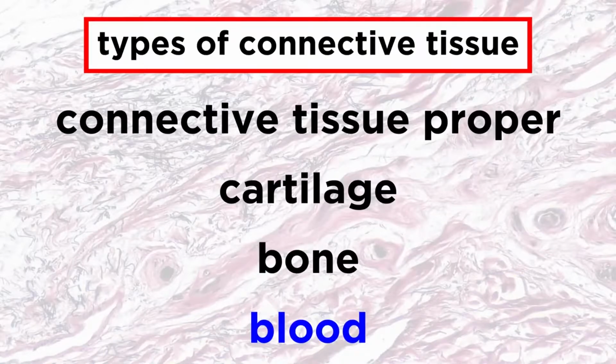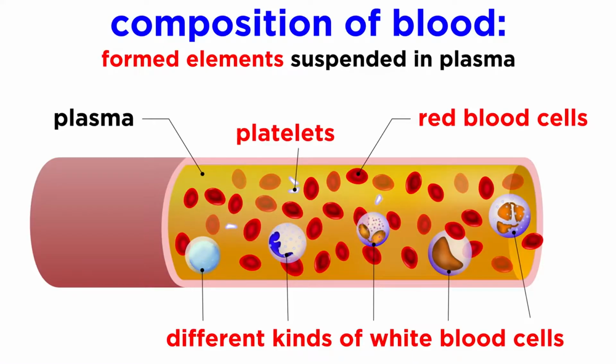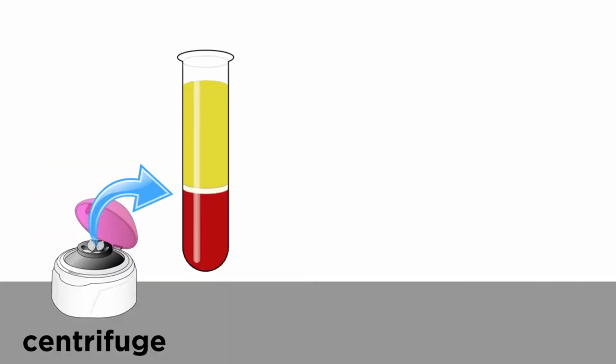First, let's mention that blood is technically considered a connective tissue, and as such, it is the only fluid tissue in the body, full of fibrous proteins. It is comprised of formed elements, which are blood cells, suspended in a fluid called plasma. If we place blood in a centrifuge, it will separate into its components.